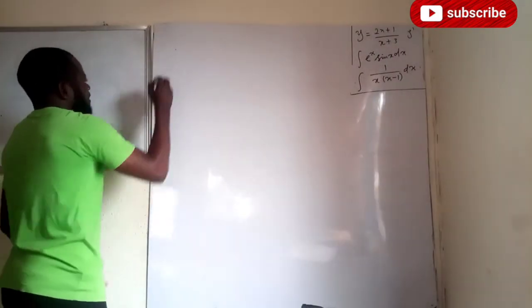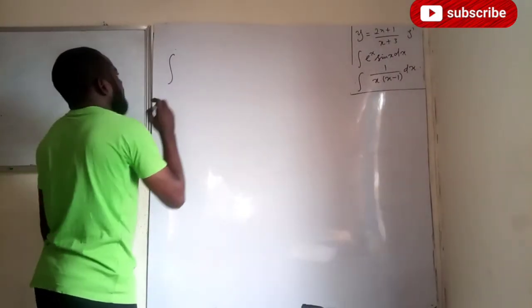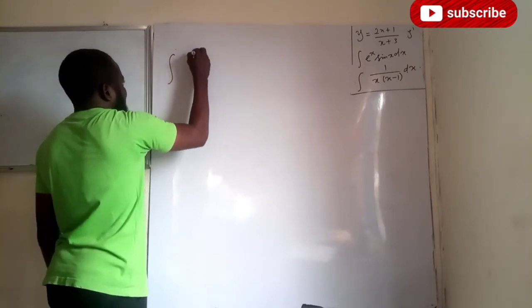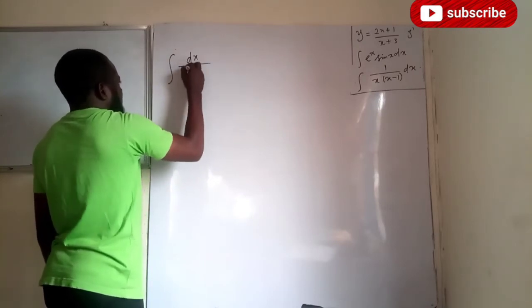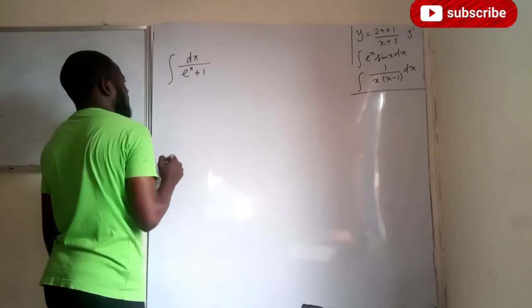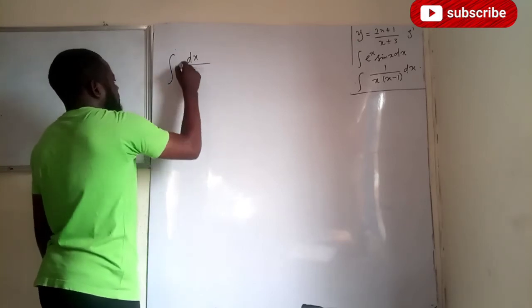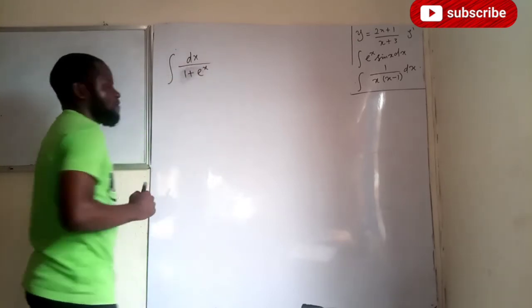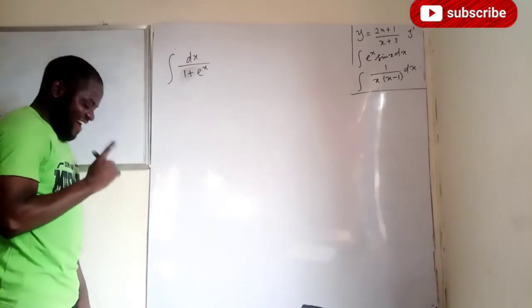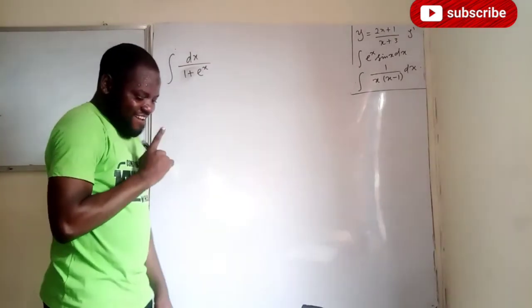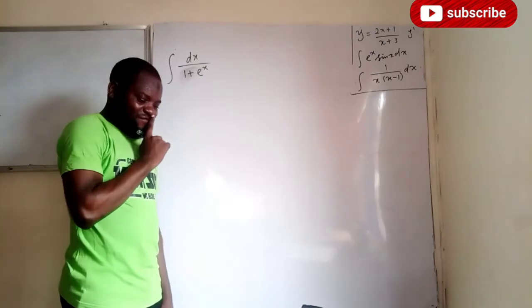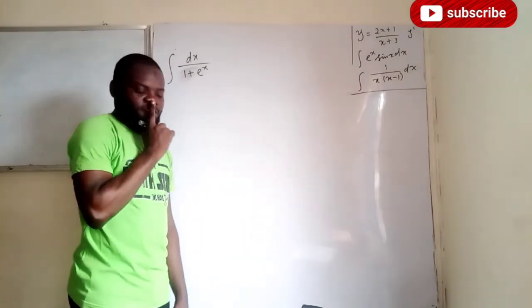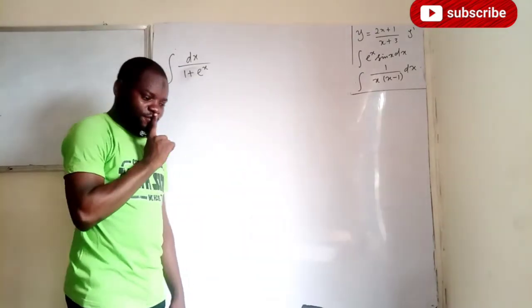Okay, so we have to look at the integral of dx over e to the power of x plus 1. Okay, let me write it as 1 plus e to the power of x. Okay, guys, I got this question from a friend 3 years ago.